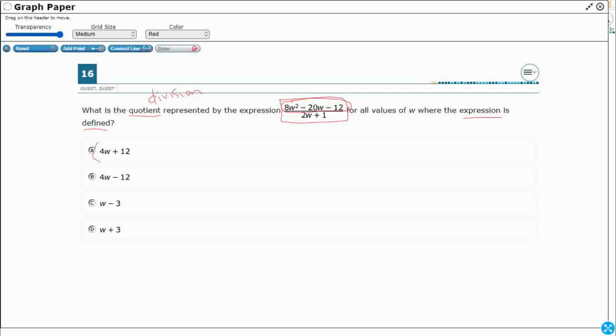We could multiply 2w plus 1 by each of these, and we could see which of those gets us that 8w squared minus 20w minus 12. But that's a lot of brute force, and sometimes you might get a problem where they don't supply you with the other factor. So how do we do it without? Well, it says divide. Let's try dividing.